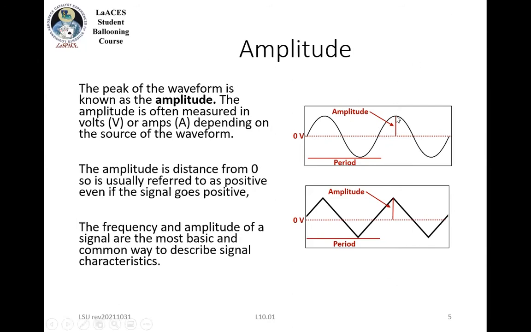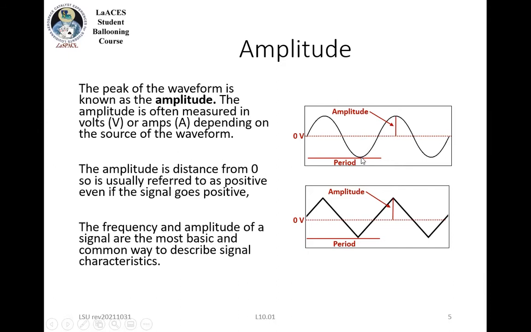We refer to this peak value, this maximum value, as the amplitude. That'll be measured in volts or amps, depending on what sort of signal we're talking about. We're concerned about the distance from 0. So when we say the amplitude, we're going to always call that a positive, right?